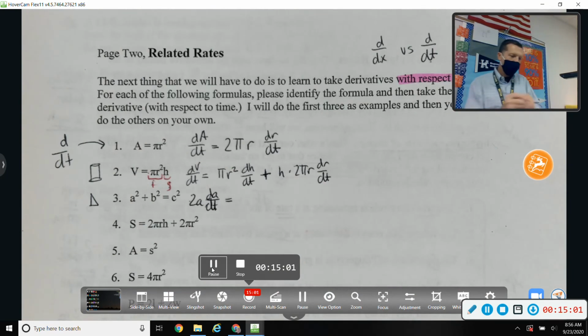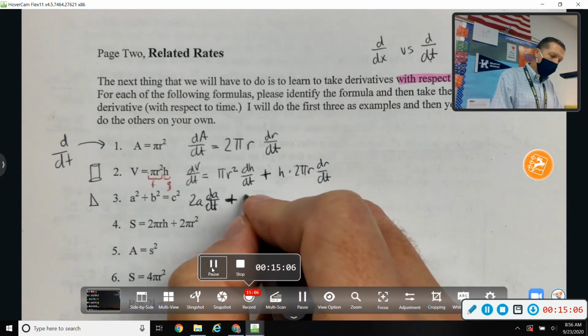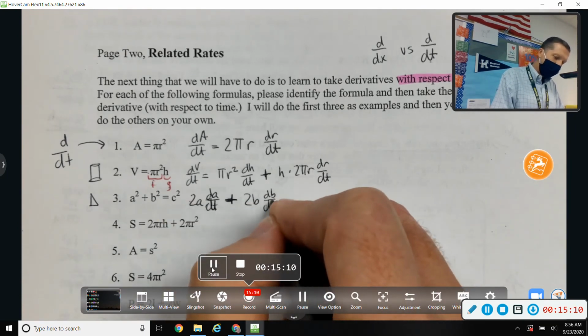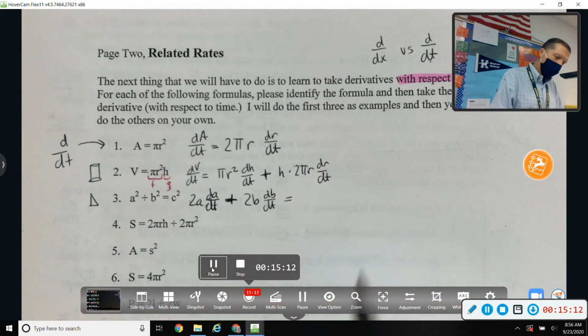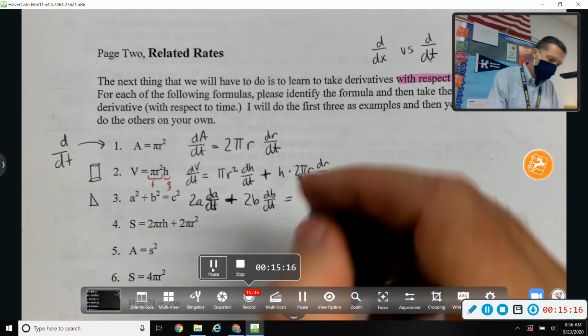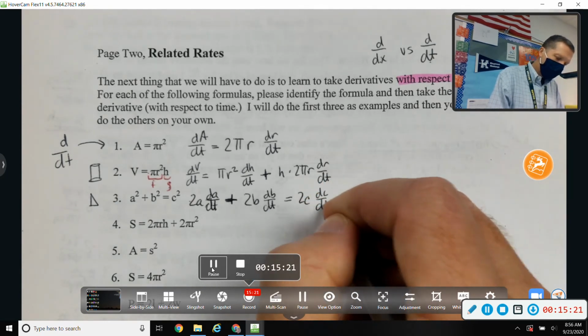Oops, not equals, plus. The derivative of b squared would be 2b times the derivative of b, db dt, equals, on the other side, 2c dc dt.